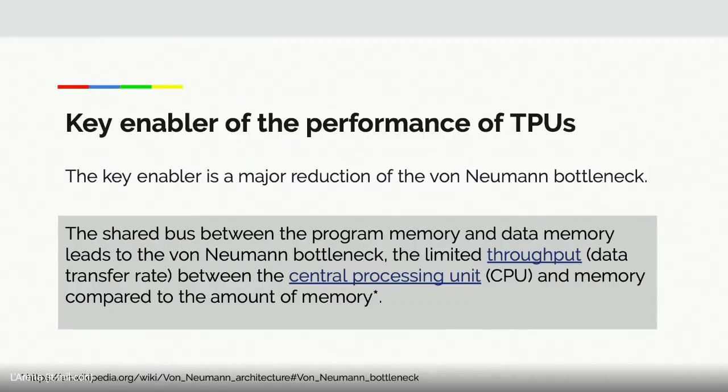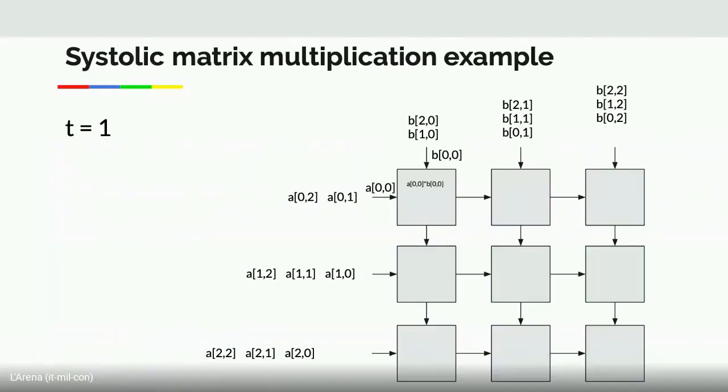If you're curious, you can check what the von Neumann bottleneck is, but it's basically what limits CPUs a lot when they have to deal with lots of data, okay? Because you also have the throughput on the bus, so it's really what limits CPUs, right? And that's how TPUs are actually working.